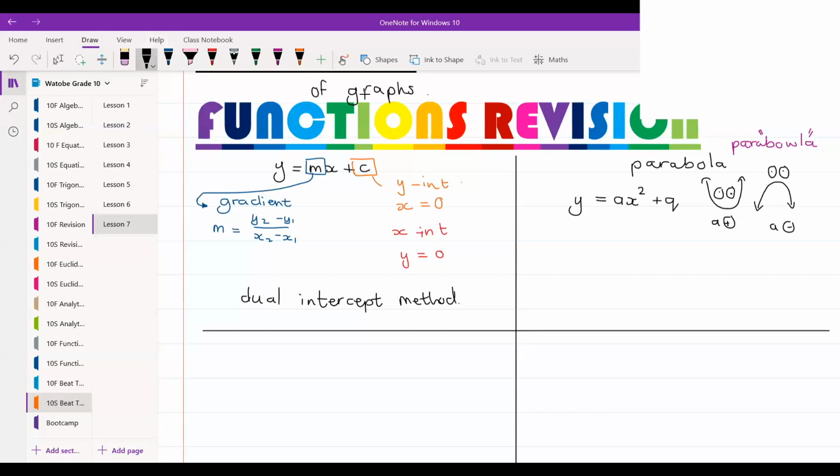So when we look at a parabola, we will also find a y-intercept, right? We will always find a y-intercept. And we know that at the y-intercept, x needs to equal 0. And for a parabola, we will also find x-intercepts. There'll be more than one most times, or maybe just one. We can get 2 or we can get 1.